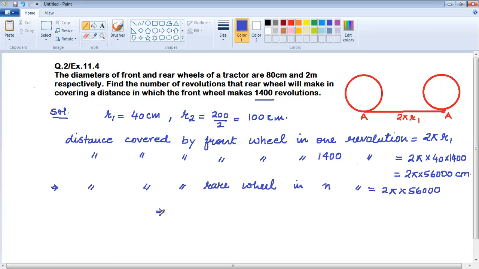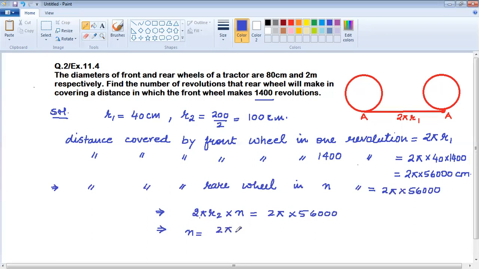It means now distance covered in one revolution would be 2 pi r2 times number of revolution, that is n, is equal to 2 pi times 56,000. So if rear wheel makes n number of revolution, then total distance covered would be 2 pi r2 times n, and therefore these two values would be same, and from here you can find the value of n.